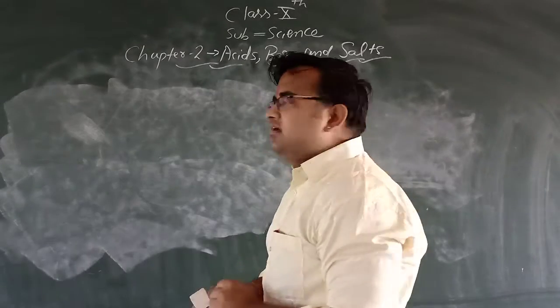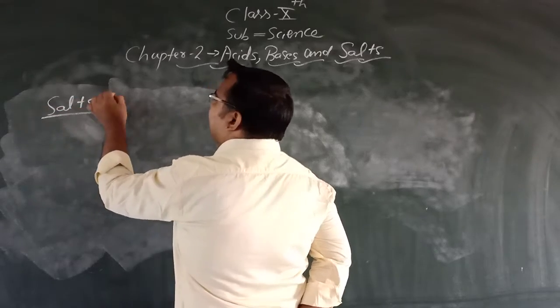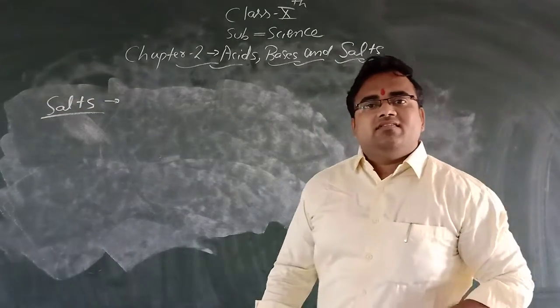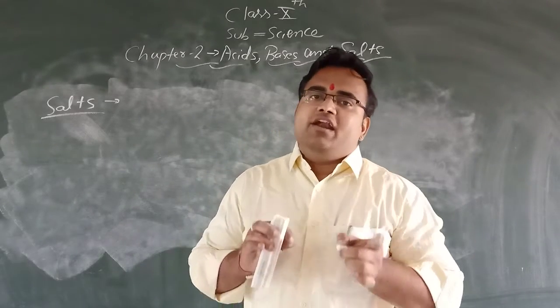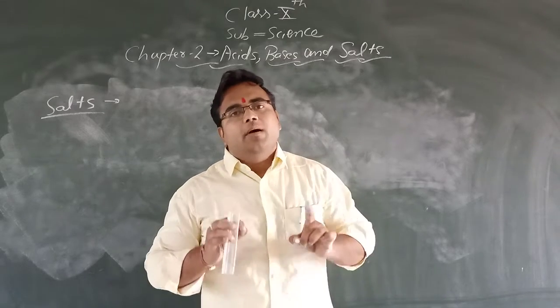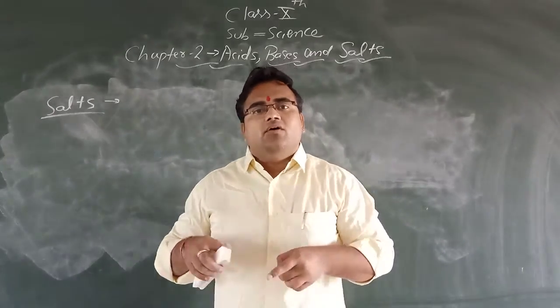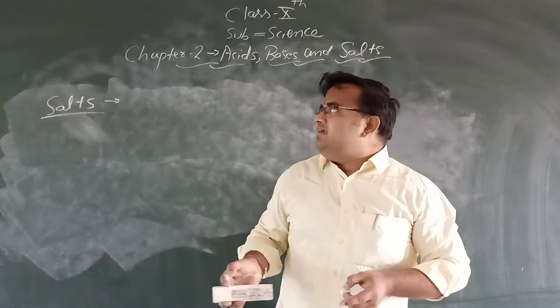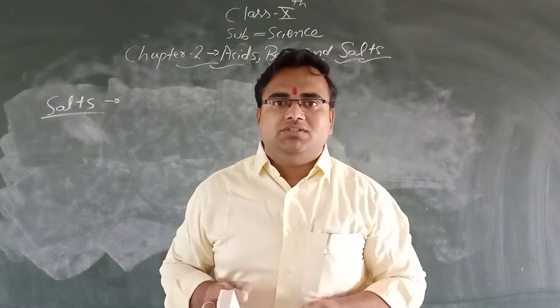And the third is salt. Salts are those substances which are formed by the reaction of acid and base, or we can say the salt is the product of a neutralization reaction.